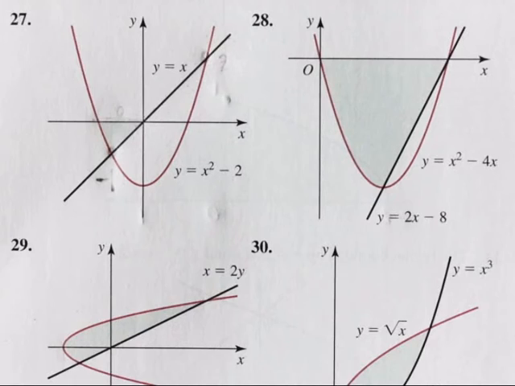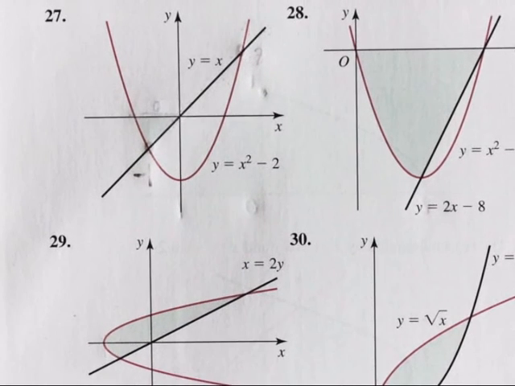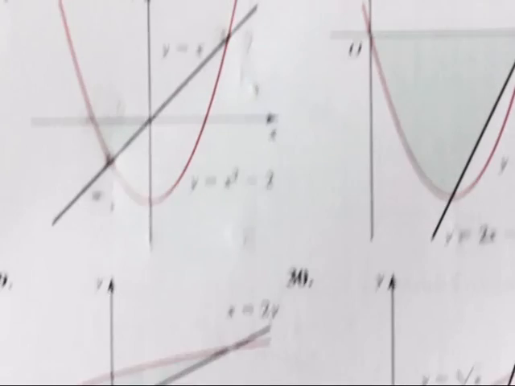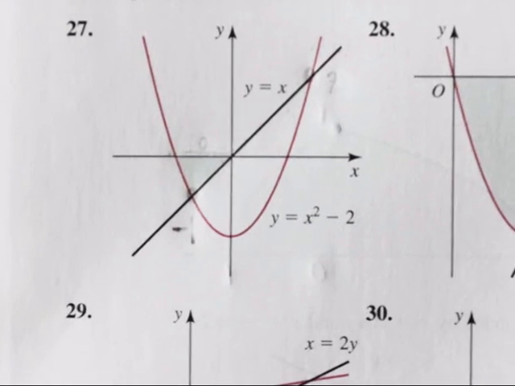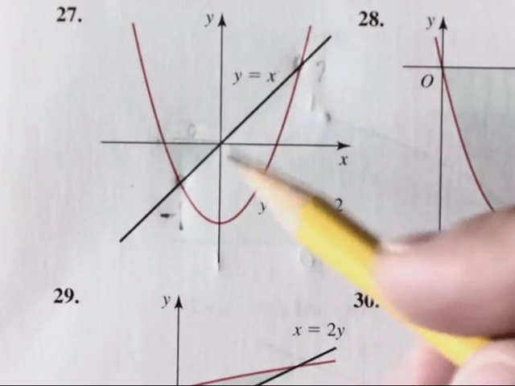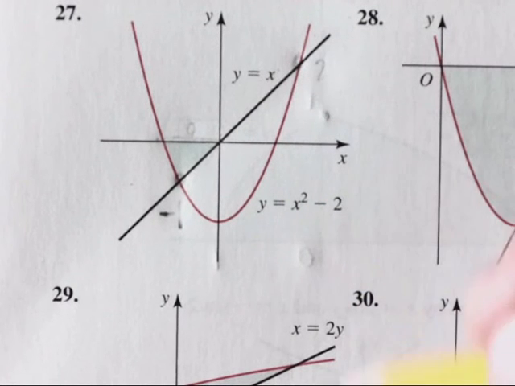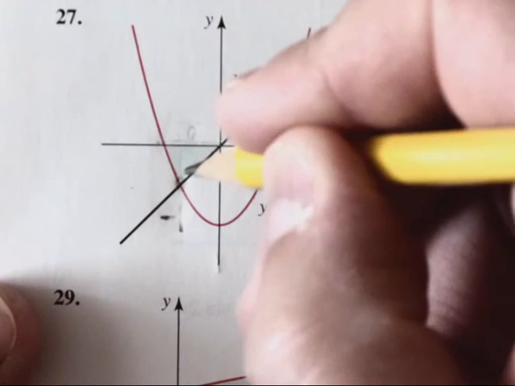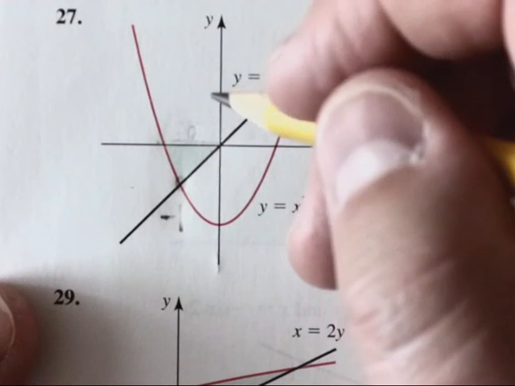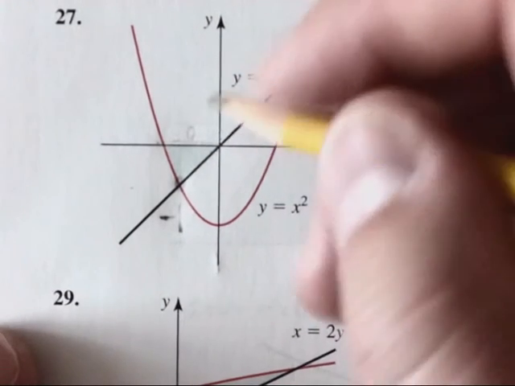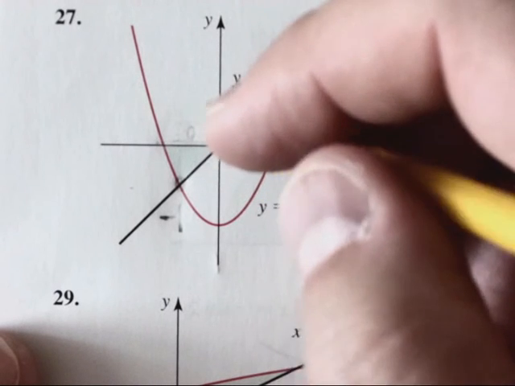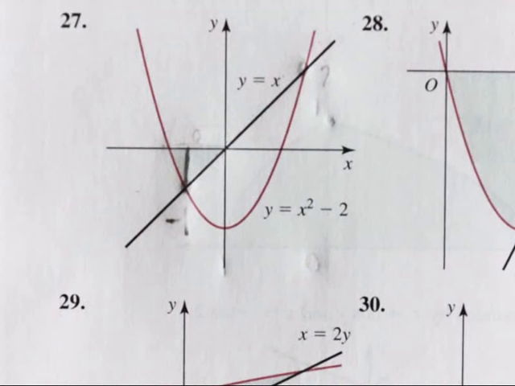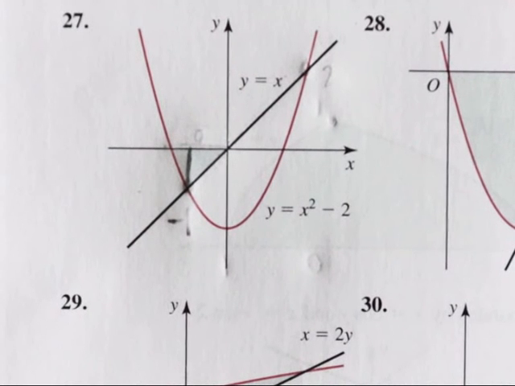If we're going to do this in terms of x, we're going to look at doing vertical rectangles, and we are using our a and our b as essentially our starting and stopping point. We need to actually look at this as a compound region, because we have a switch as to which function is top and bottom here.